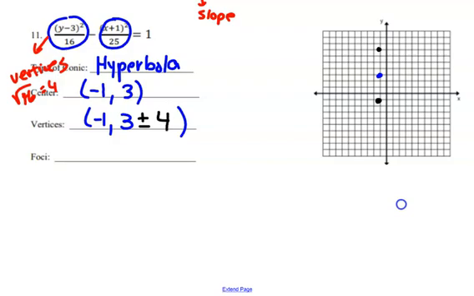We went up 4, down 4. So again, if I wanted to do a sketch, that's what it's going to look like, going up, down. Those are the only vertices, but we do go right, left also.